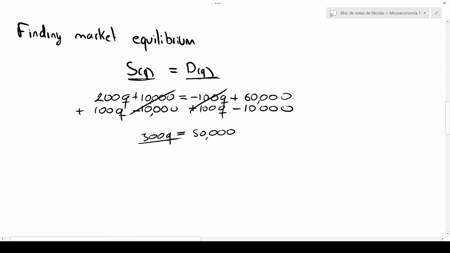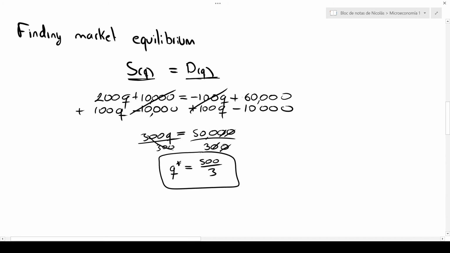We can divide both sides by 300. Rule out some zeros, and we'll end up having the quantity of equilibrium is 500 over 3. So we have this as an initial equilibrium without taking into account the tax.